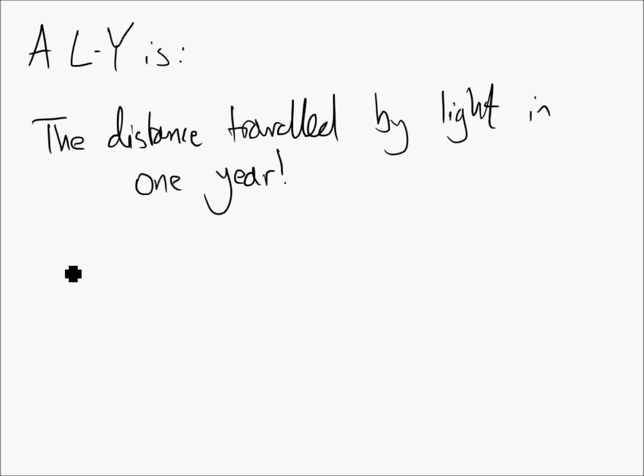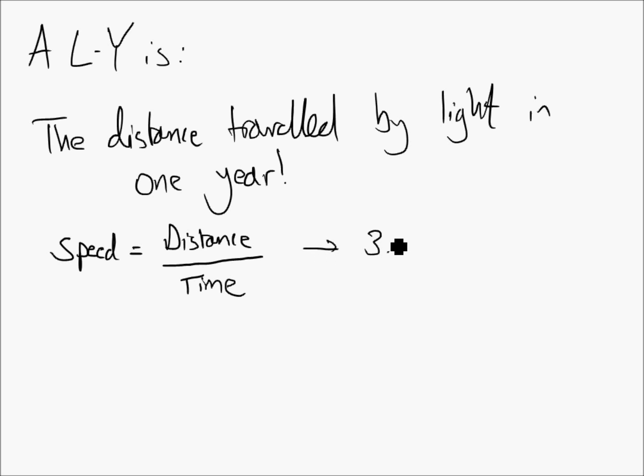Now we're going to try and do a quantitative answer. Well, we know that speed is equal to distance over time. I said in the last slide that the speed of light is 3 by 10 to the 8 meters per second, and that is equal to whatever this distance is divided by time.